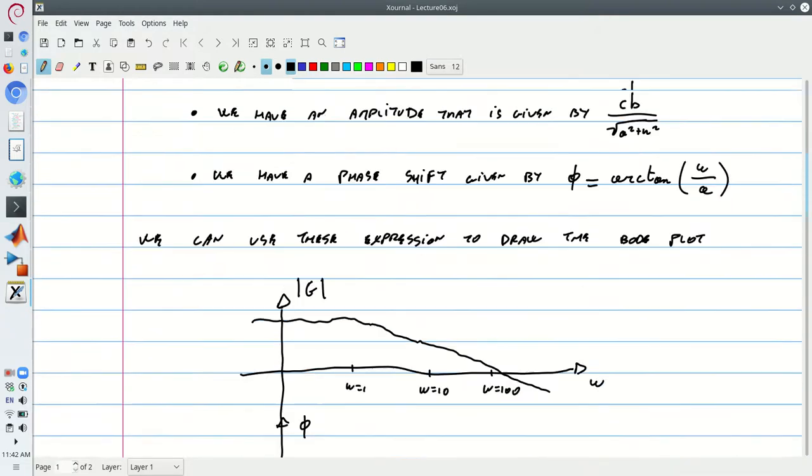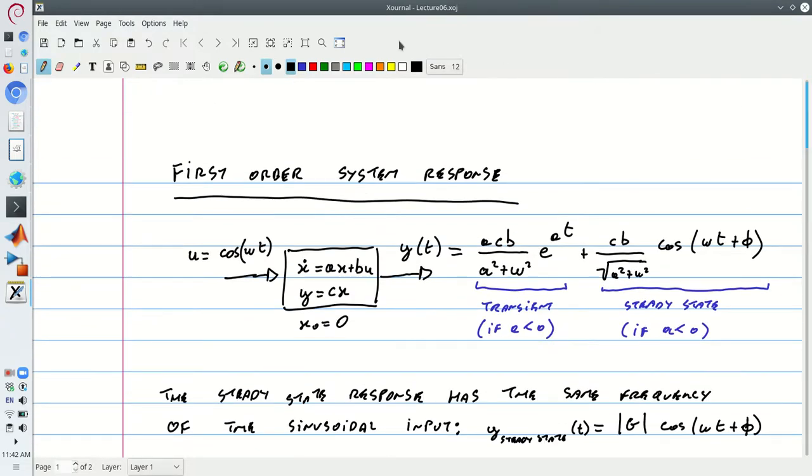So I just grab this expression here for the steady state.